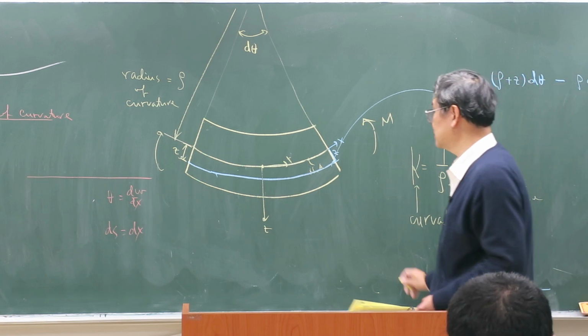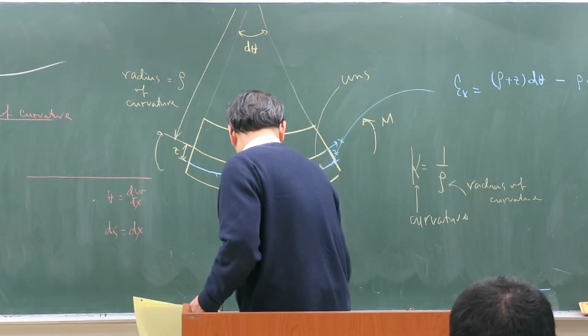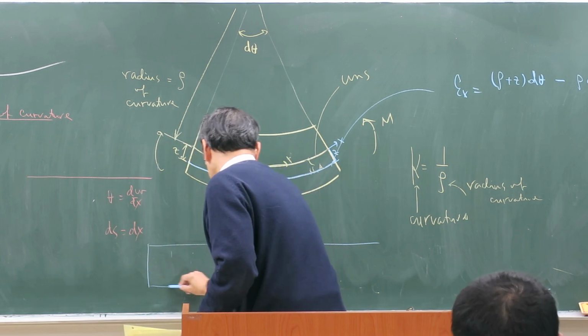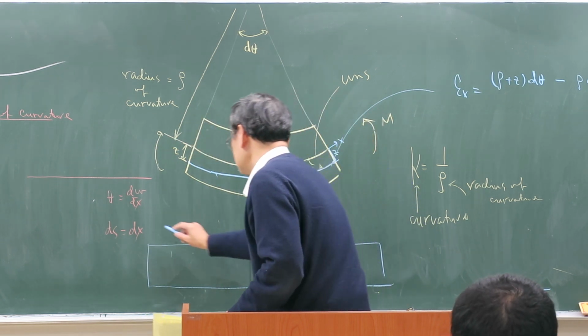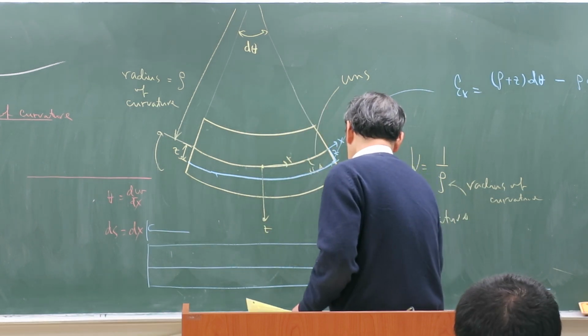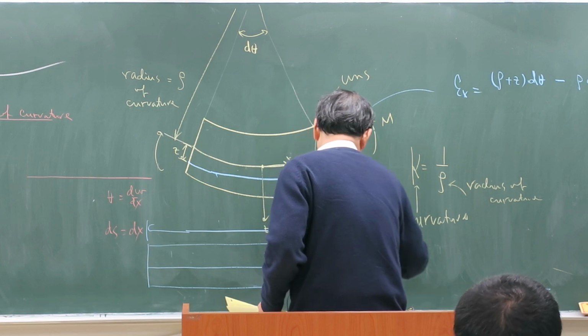And this neutral axis is unstretched. So that means originally this length is equal to rho d theta.